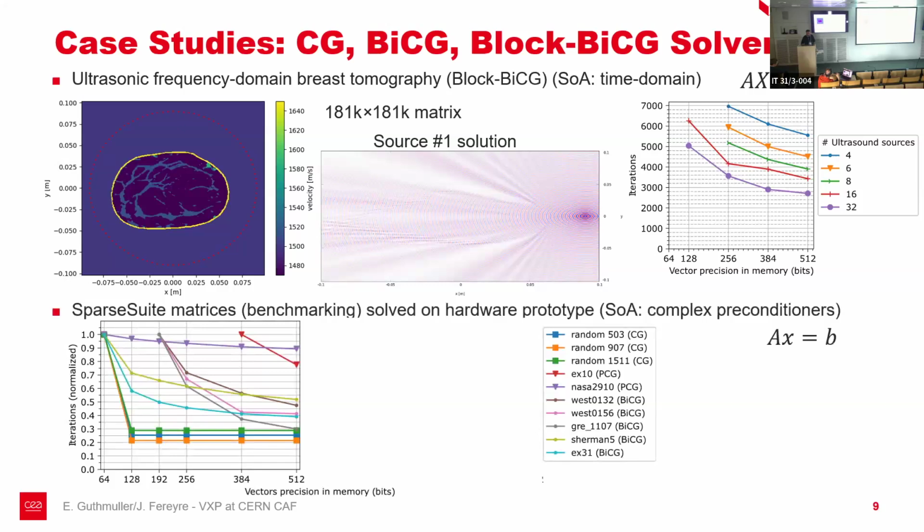We also used standard matrices extracted from the SuiteSparse set of matrices. And this time we solved them on our hardware prototype. Here the state of the art is to use complex preconditioners when we don't reach convergence. And we show that with conjugate gradient without any preconditioning, or only using the Jacobi preconditioner, which is really simple, for the X10 and NASA matrix, we have convergence much faster.